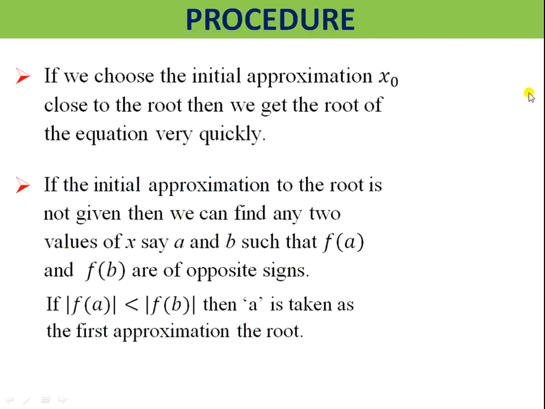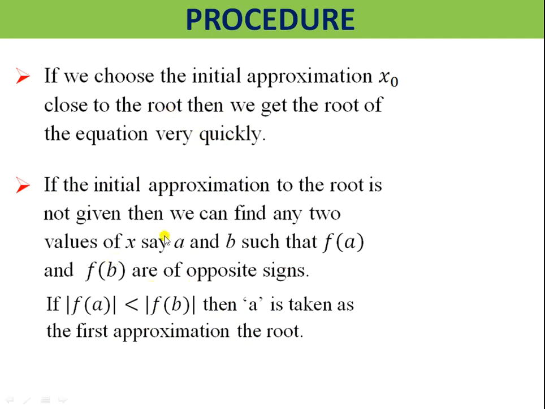Now the procedure, how to solve this problem? If we choose the initial approximation x naught close to the root, then we get the root of the equation very quickly. For this, I mentioned in the previous slide how to find the root, right?